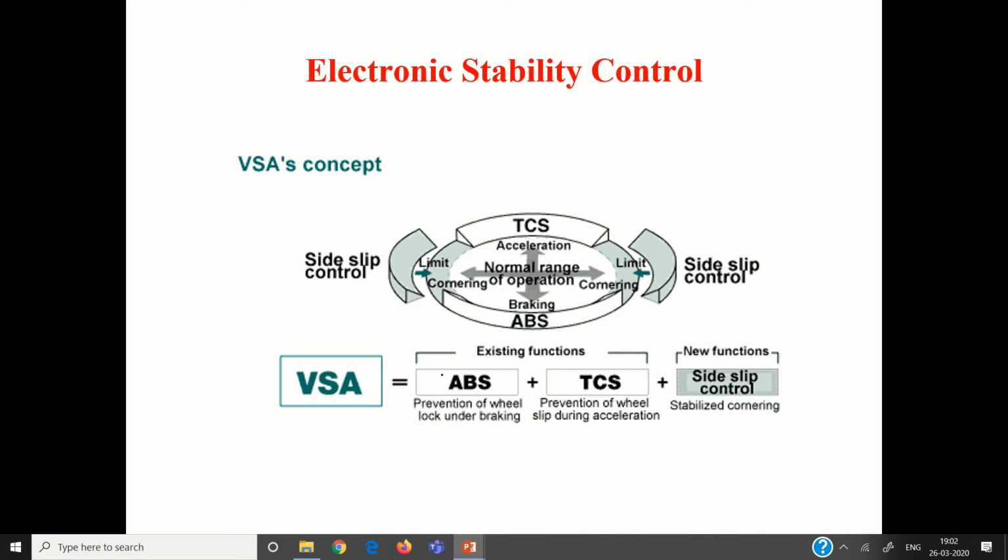As I said, ABS prevents wheel lock under braking, so skidding can be avoided. TCS prevents wheel slip during acceleration. And side slip control is stabilizing cornering; we can reduce the yaw effect with yaw control.